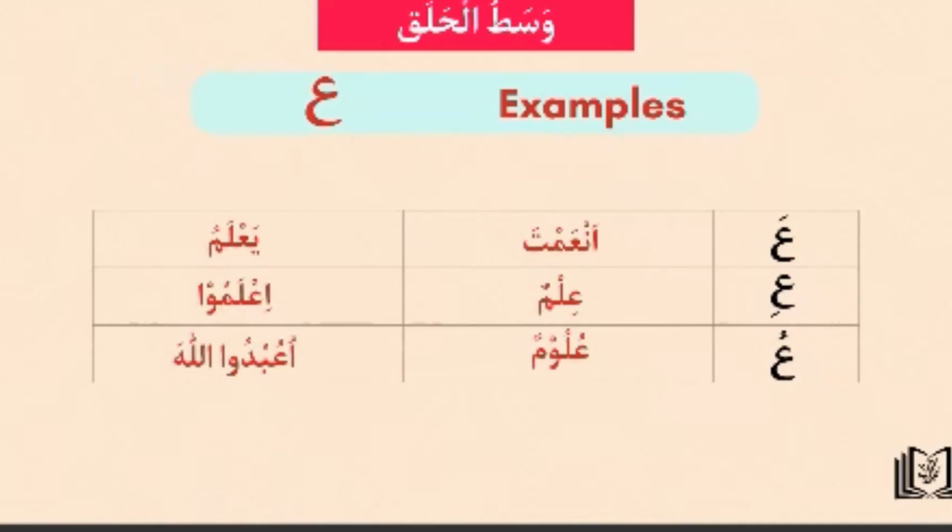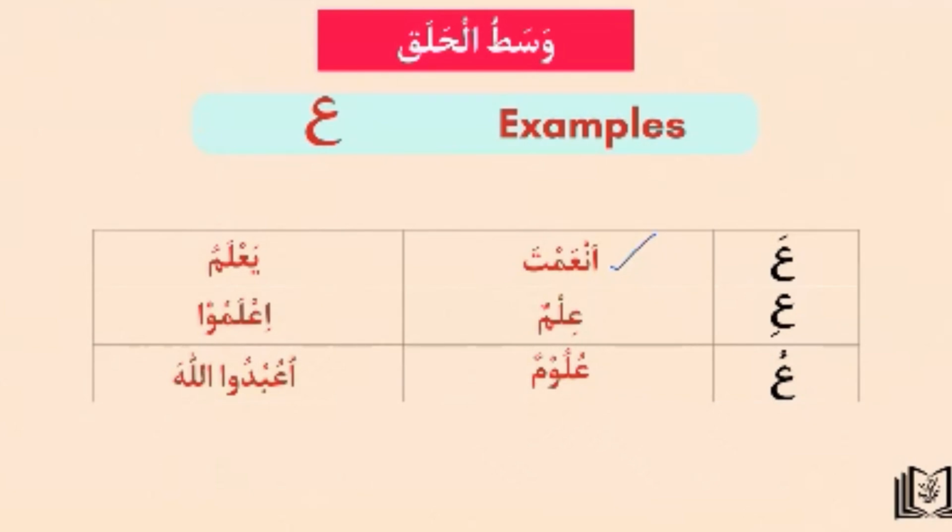First, we are going to see the alphabet Ain. An'amta. Ya'lamu. Ulum. A'budu Allah.